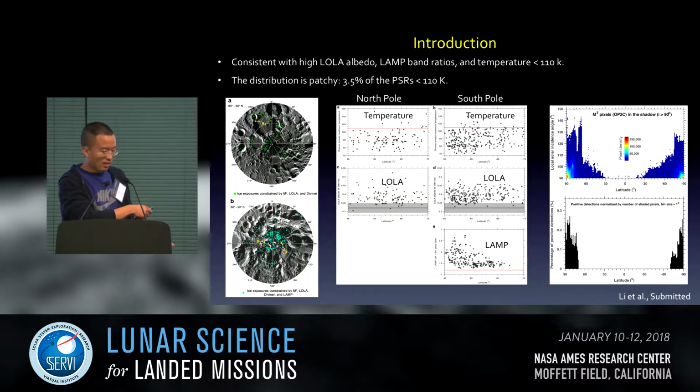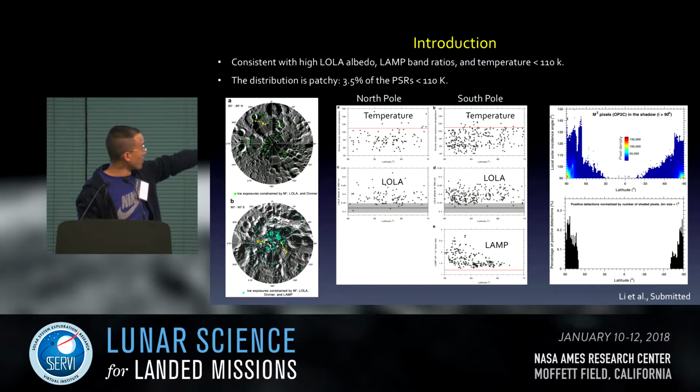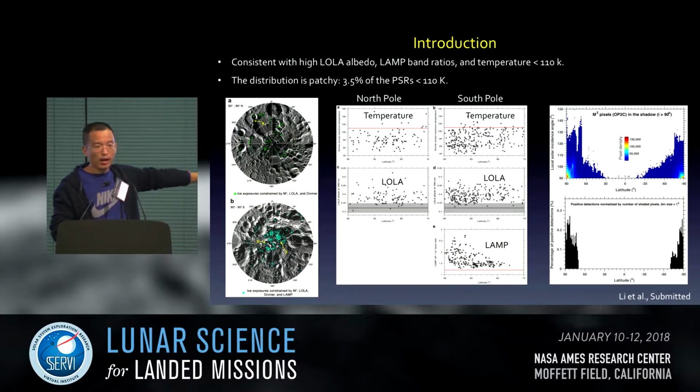This is the distribution of the ice exposures we see on the North Pole and the South Pole, as shown in those green and cyan dots. These regions also show low temperature, mostly less than 110 K, as shown in the middle plot, and also high lunar albedo.